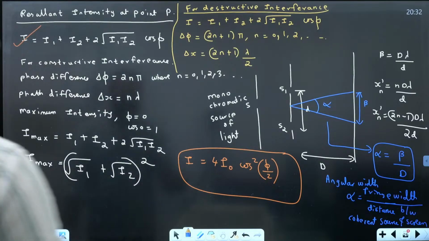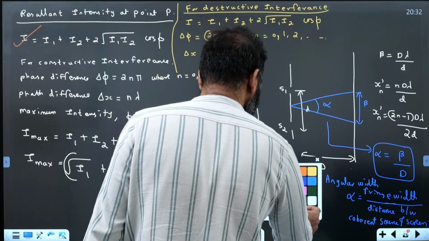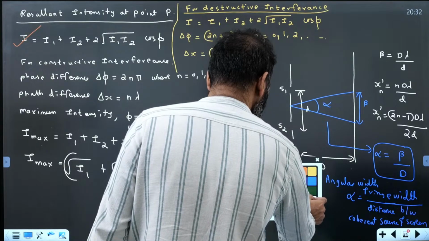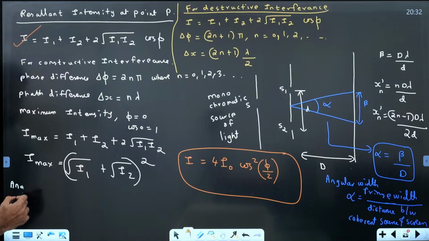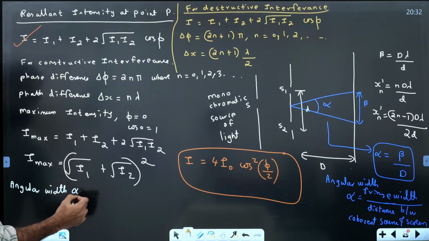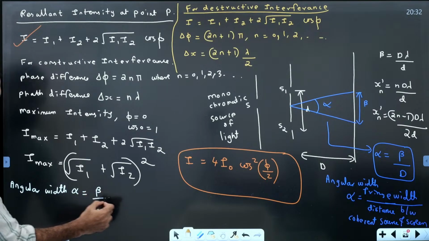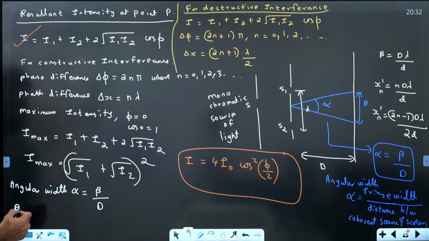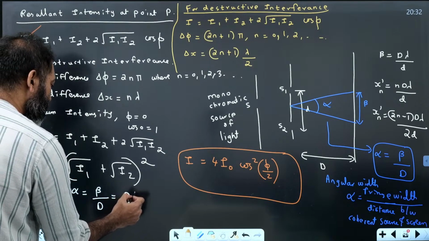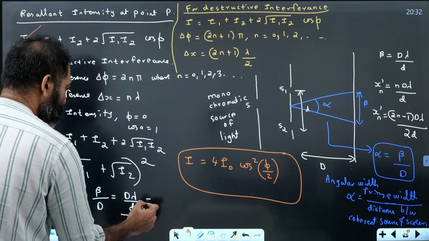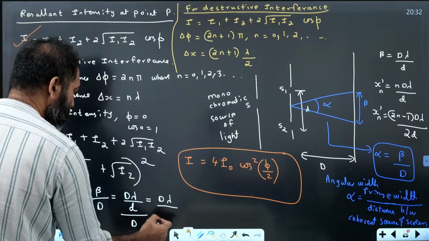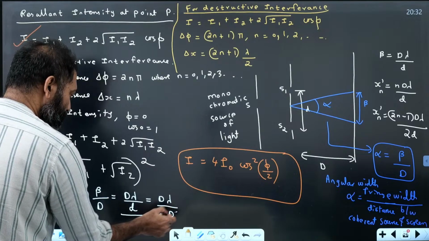Now, listen, I am writing in the same screen so that it will be helpful for you. I hope it is not getting confused. Now, angular width alpha is equal to fringe width beta by D, but we know that beta is equal to D lambda by d. So, angular width alpha is equal to D lambda by small d by capital D. So capital D gone.